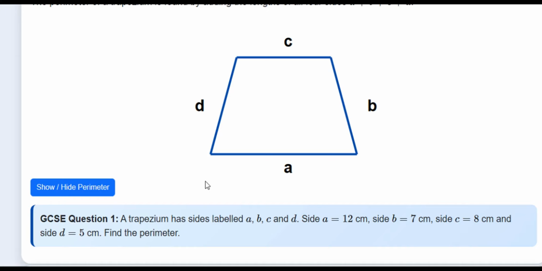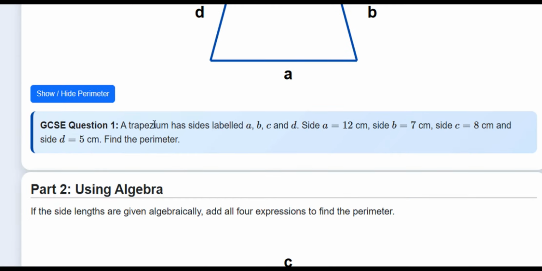So with that knowledge, let us try to solve an example here. You are told a trapezium has sides labeled as A, B, C, and D. Side A is 12 centimeters, side B is 7 centimeters, side C is 8 centimeters, and side D is 5 centimeters. Then find the perimeter.